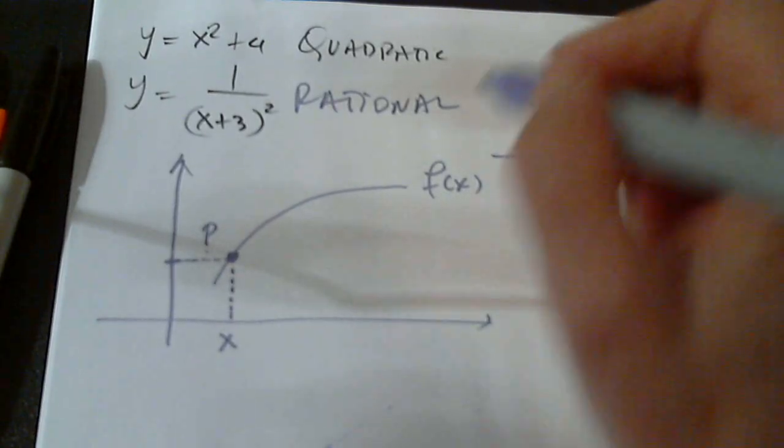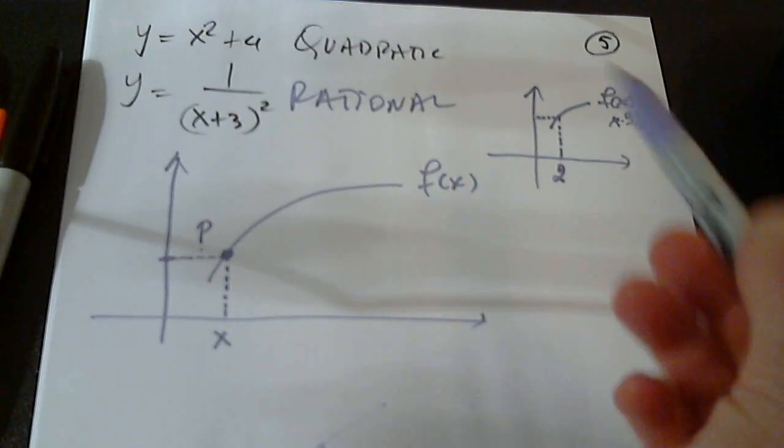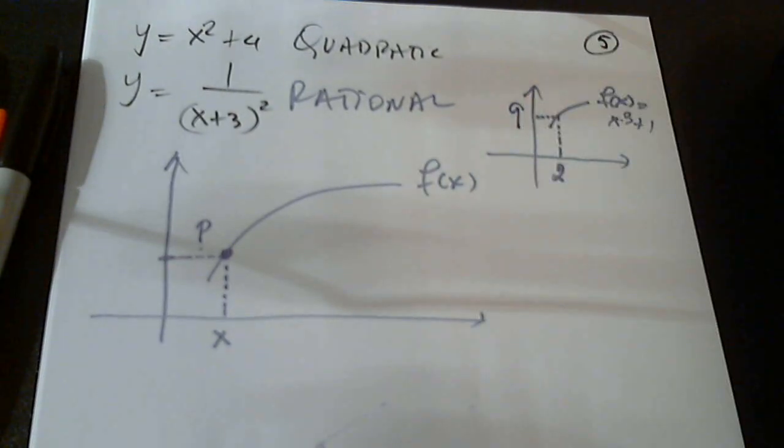How do I determine the y coordinate of a point on this function when x is 2? You can plug in the x that you know. Of course. So 2 to the third plus 1 will be 9. Excellent. Great job.